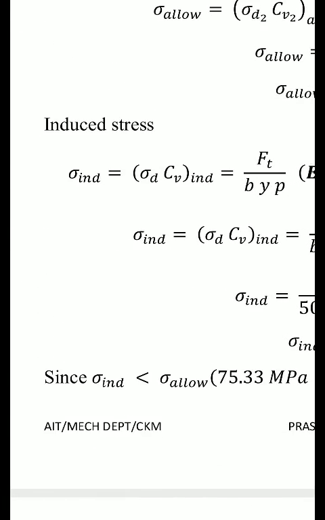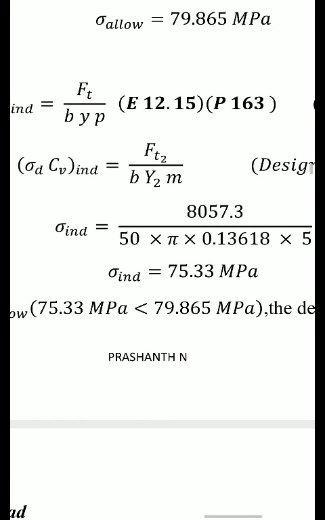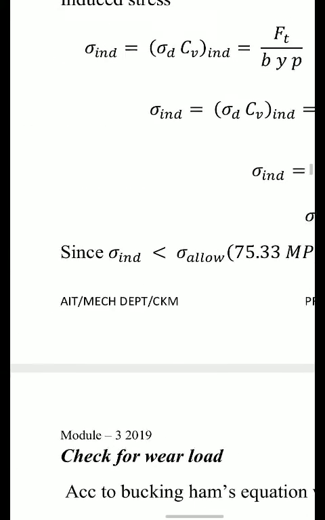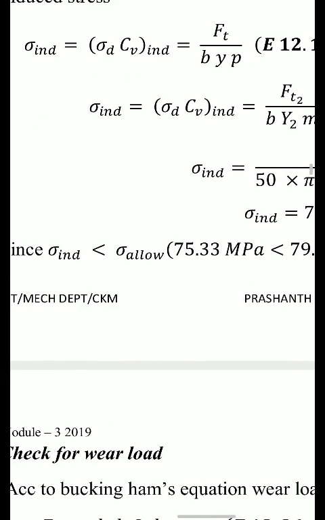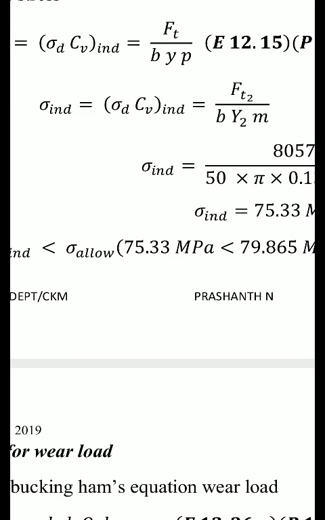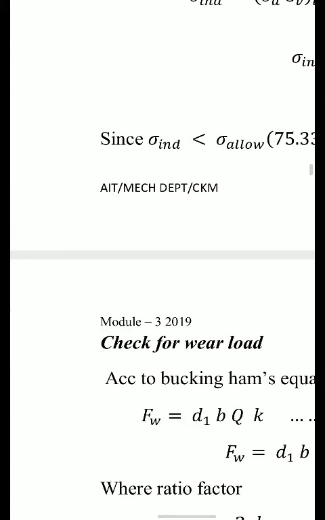Next, induced stress: Ft divided by b into Y into m, the design equation, Ft2 divided by b into Y2 into m. Find out the sigma induced. It should be less than allowable: 70.33 megapascal is less than 78.865, so the design is satisfactory.